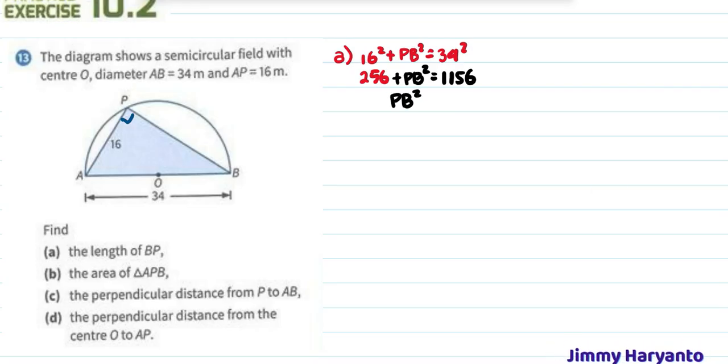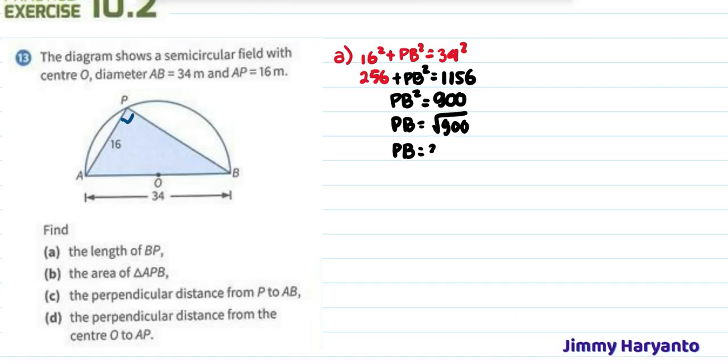So PB square equals 1156 minus 256. It's 900, and that also means PB equals the square root of 900. So PB equals 30. So this one is 30.